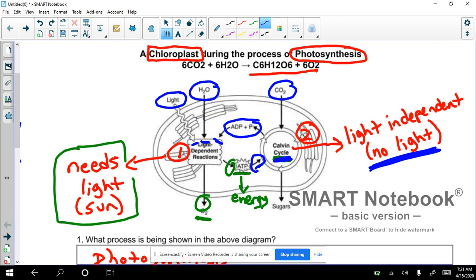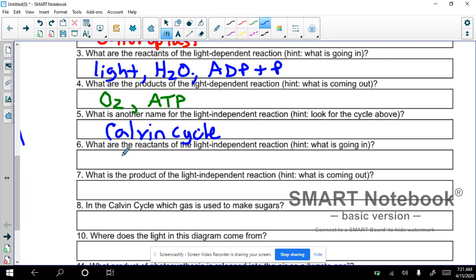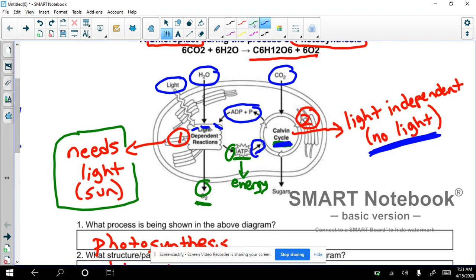So what are the reactants? Sorry, it keeps shifting up. CO2, the arrow is pointing in, and ATP, like I mentioned, is some form of energy. Going back up to the top, now our next question is, what are the products? I'm going to do those in green. Products are the arrows coming out. I see one arrow pointing out.